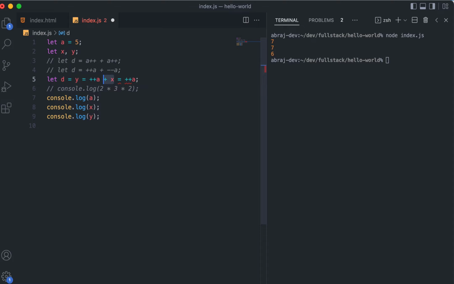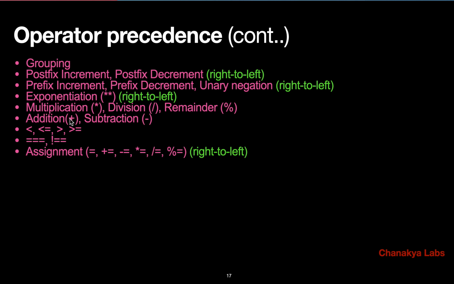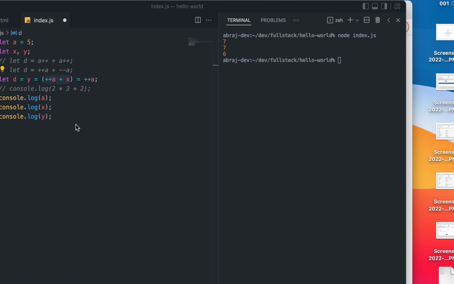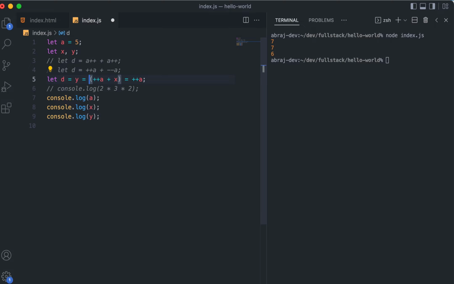Because if I do something like this, then it does not make sense, because after that if I have a value, then how is this incremented value going to be assigned to a value? See, in any assignment operator, the left hand side must be a variable. In this case, this thing is not a variable, but this thing should be executed first. Why? Because the precedence of plus is higher, and that's why this gives us a syntax error.